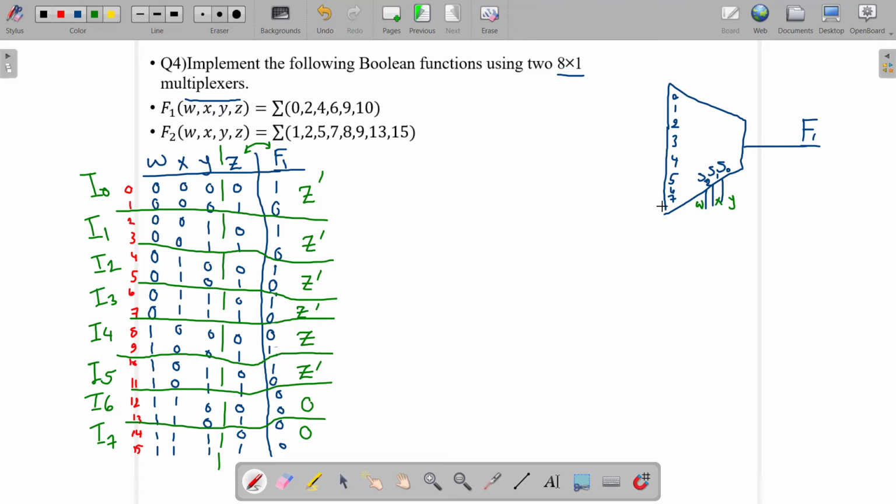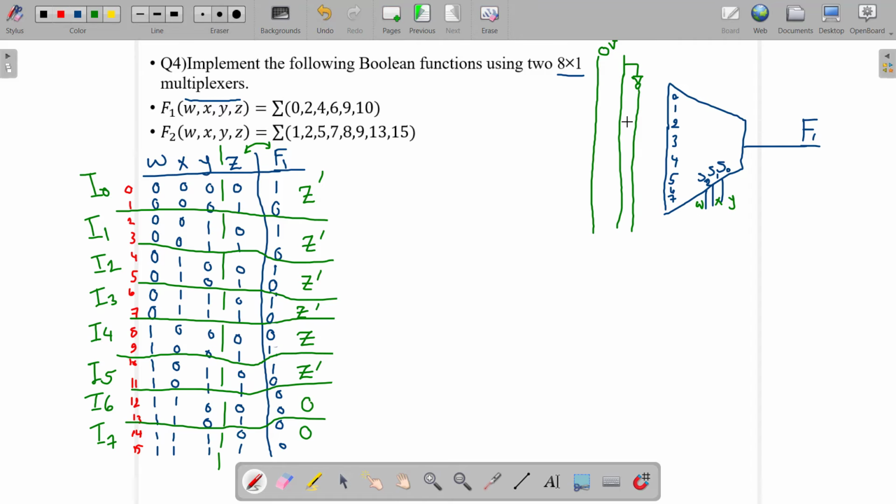Now we have to apply the Z and Z prime in the inputs of this multiplexer. So we draw the Z and Z prime in this form. I draw 1, 0 actually here as a 0.